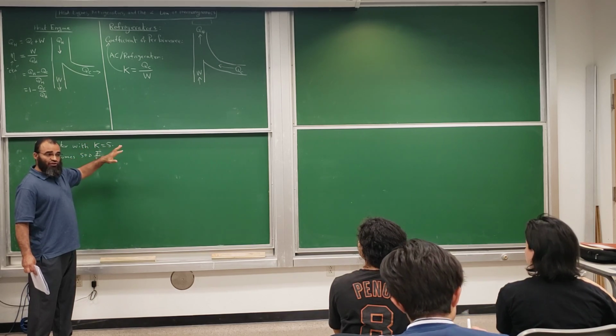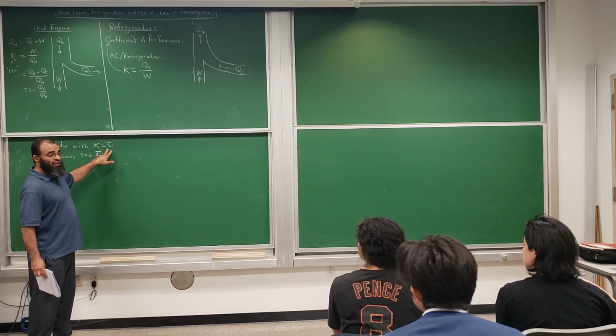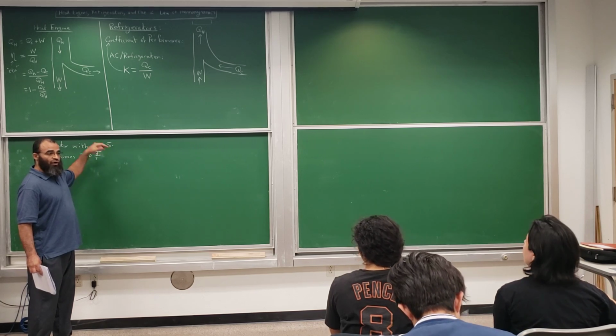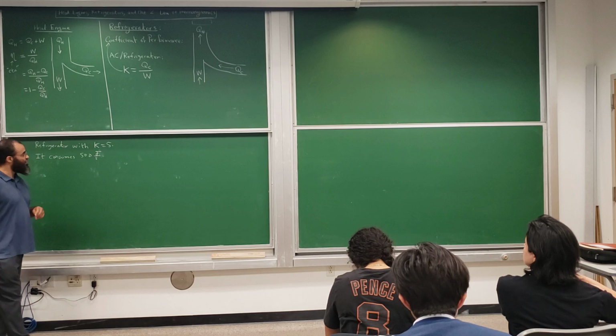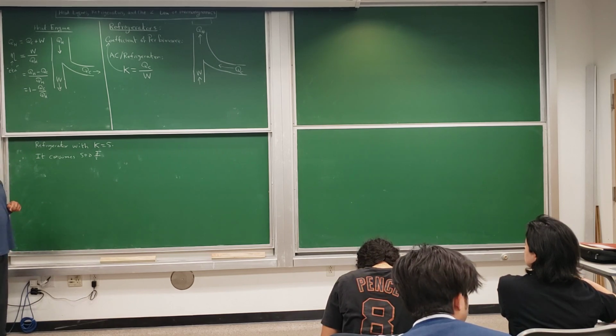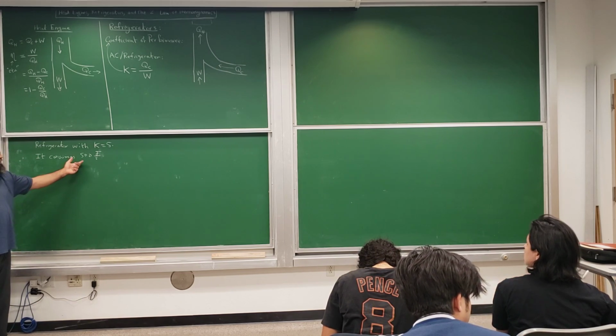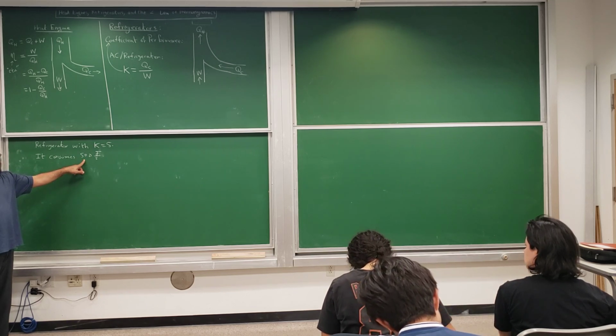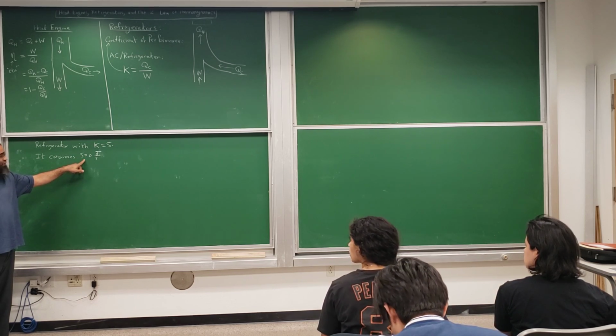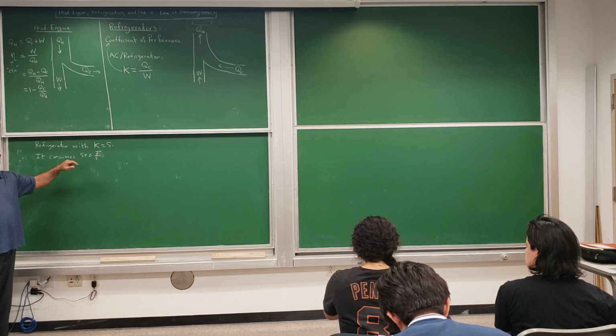So for a refrigerator, K is typically more than 1. For heat engines, it's less than 1. So that's K, and it consumes 500 joules. So the work done on the refrigerator is 500 joules every second.